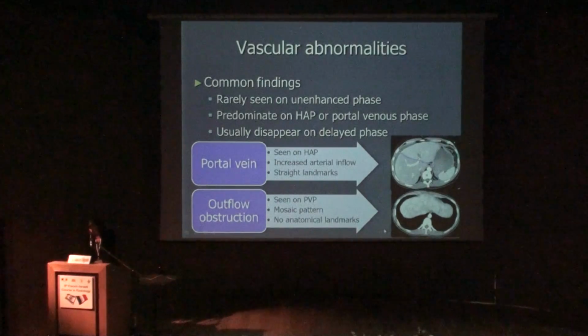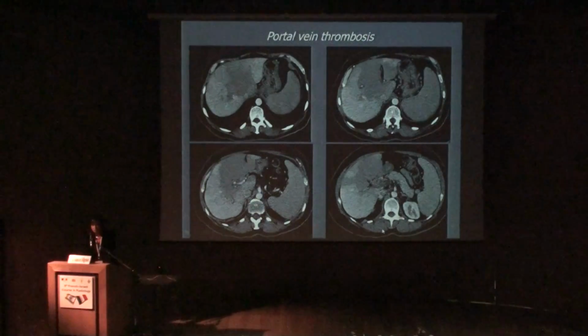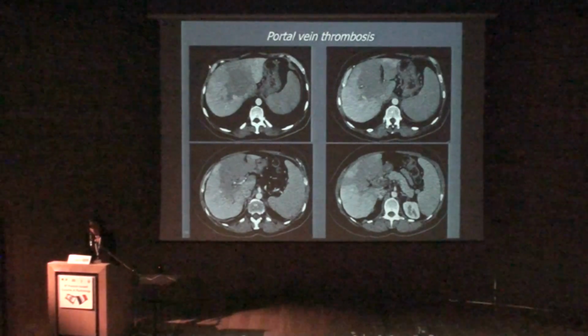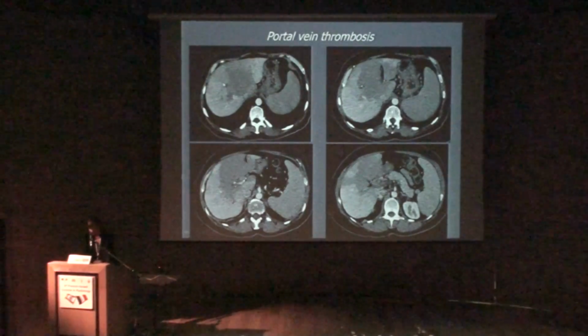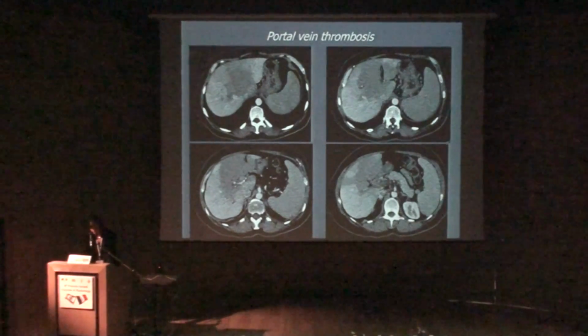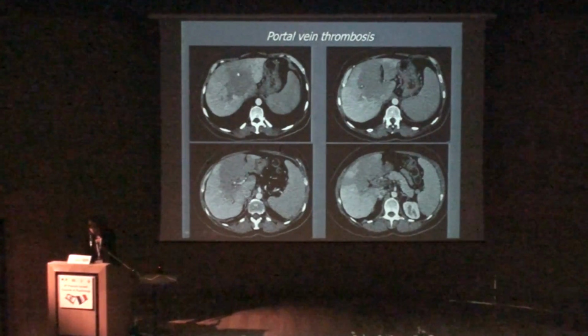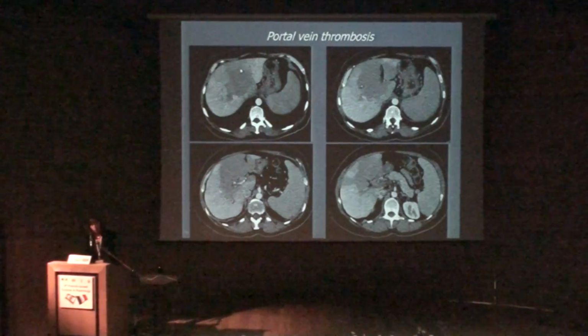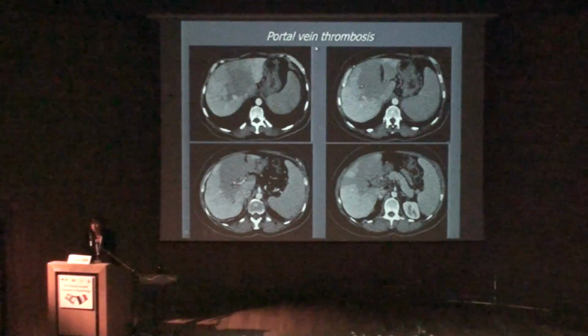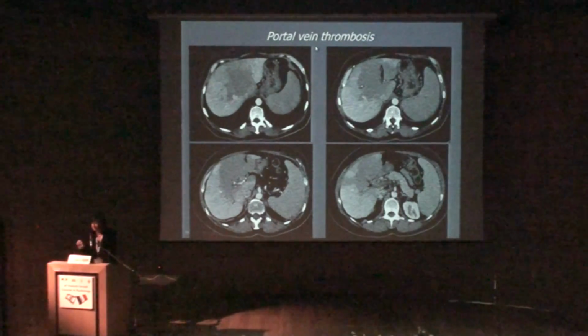Okay, so if we go back to our case, it doesn't really fit. We see a difference between the central liver and the peripheral one. Here the key is we are not dealing with obstruction of the portal vein, the right or the left one. We are dealing with the obstruction of the portal venous trunk itself.